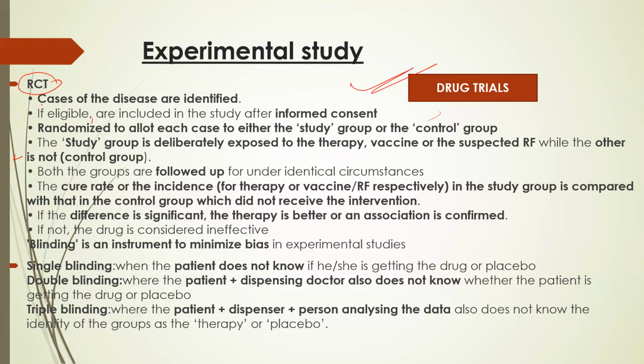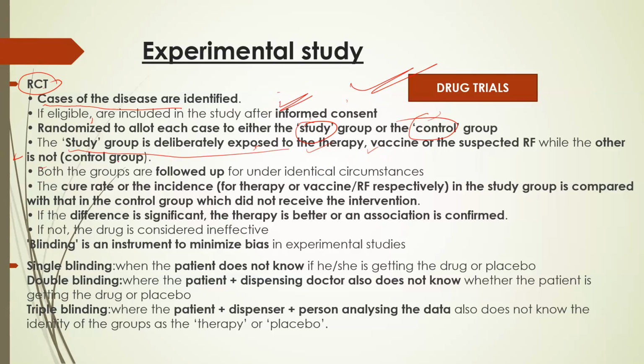In RCT, the cases of the disease are identified, and after the cases are identified, informed consent is taken. Then they are randomly allotted into a study group and a control group. The study group is generally given a particular treatment or a vaccine or a drug, and the control group does not receive the treatment or the drug.